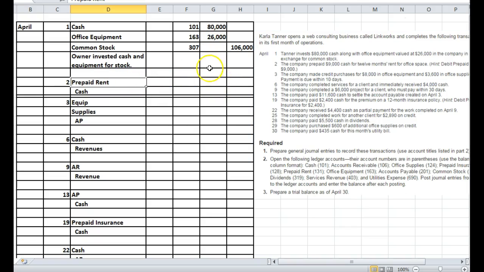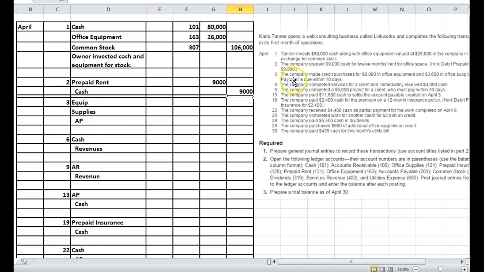You're going to debit it, because it's an asset, for the amount, which would be $9,000. And you paid cash for it, so you're going to credit cash, because that decreases a debit, or an asset. So that one's probably pretty straightforward for you.